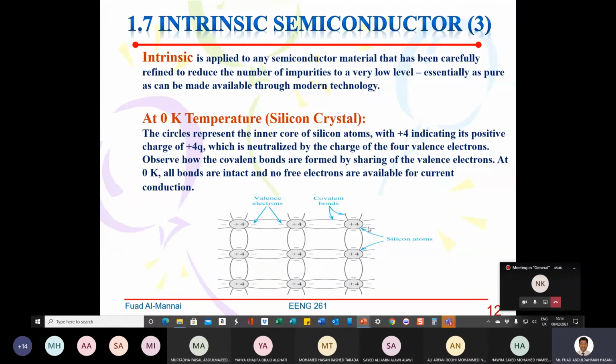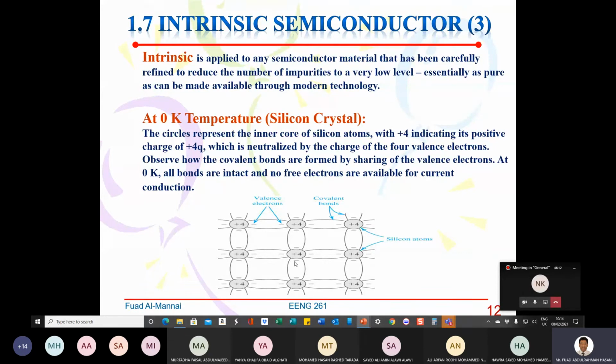Now this is at 0 degrees Kelvin. No carriers. Everything is locked, and each atom here, called plus 4, has shared electrons with its neighbors, 1 electron with this, 1 electron with this, 1 electron with this, 1 electron with this.